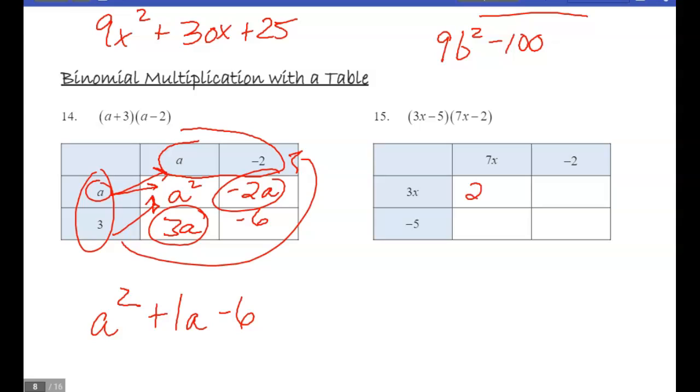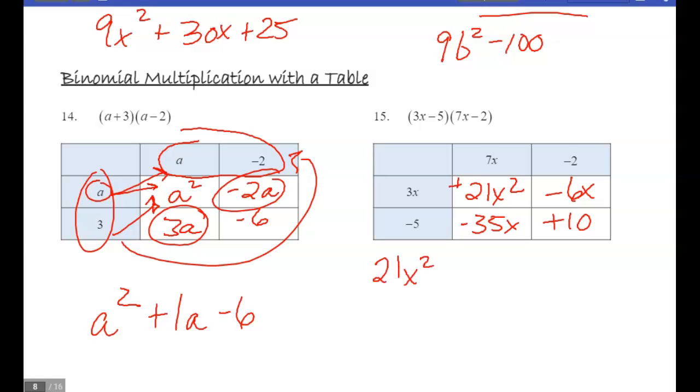Last one. 3x times 7x is 21x squared. 3x times negative 2 is negative 6x. Negative 5 times 7x is negative 35x. And negative 5 times negative 2 is a positive 10. Notice I put that positive there. That'll just help me when I go to rewrite it. You could even do it here on this one if that helps you.